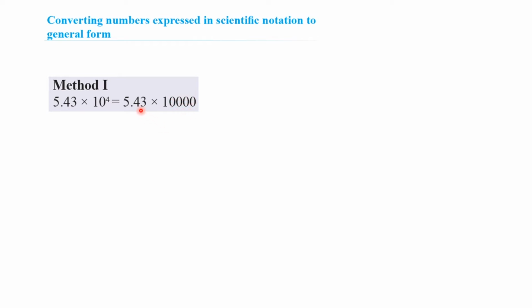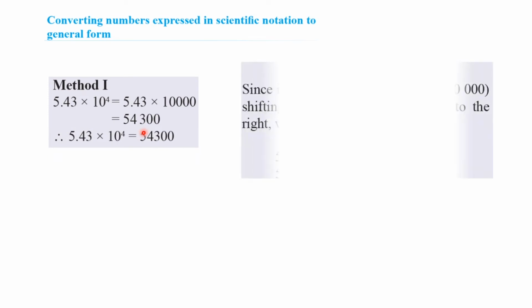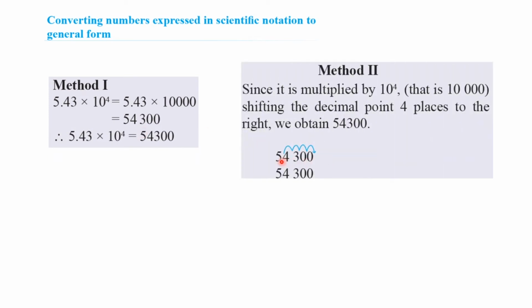Then how do you do that? If there are 2 decimals, you can see here 2 decimals, you can remove 2 zeros from here, then put another 2 zeros, easy. Or otherwise very easy method is, you have to shift the decimal.